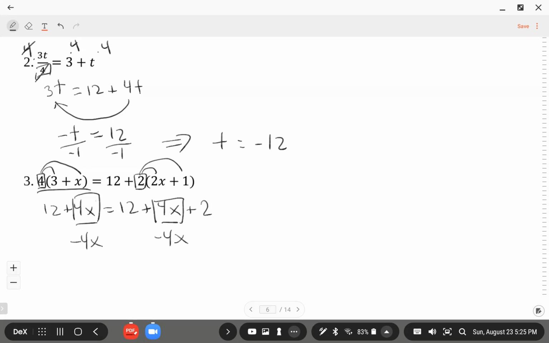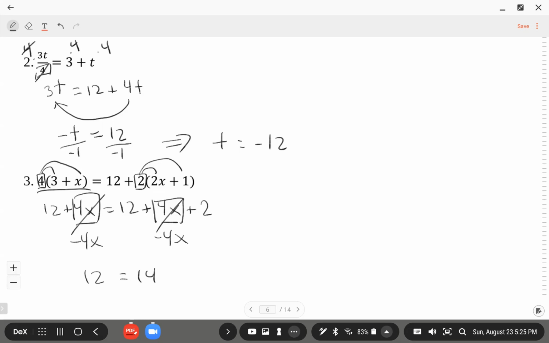What do you get? You cancel 4x out, right? You don't have an x anymore. And then this is pretty strange, right? The end result you get is 12 equals 14. Now that can't possibly be true, right? That is a false statement.